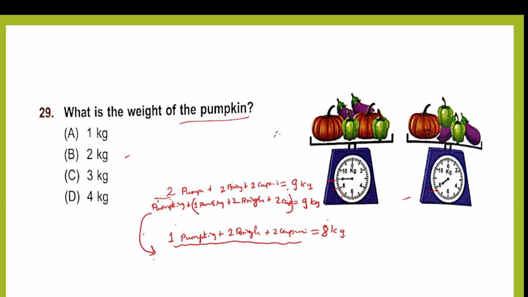Therefore, by using this we can write one pumpkin plus 8 kg is equal to 9 kg. Therefore, one pumpkin is 9 minus 8, that is 1 kg. So by using this we can find out the weight of the pumpkin, that is 1 kg. So option A is the correct answer for the given question.